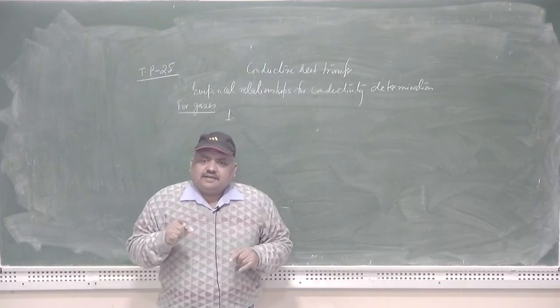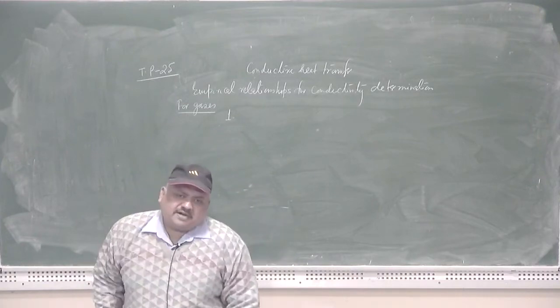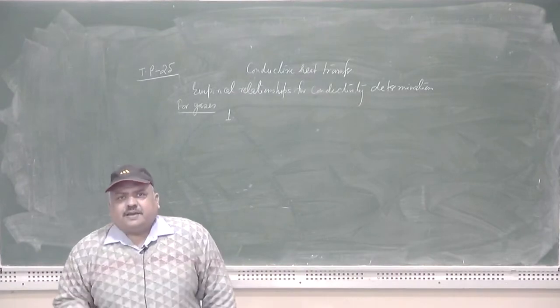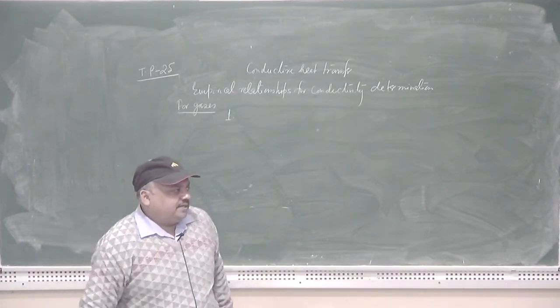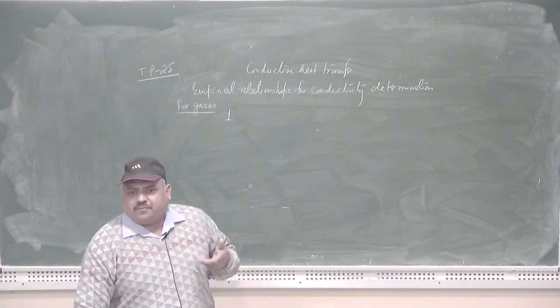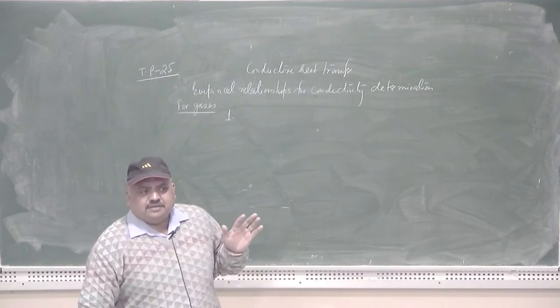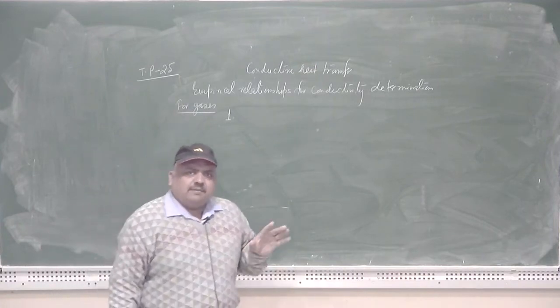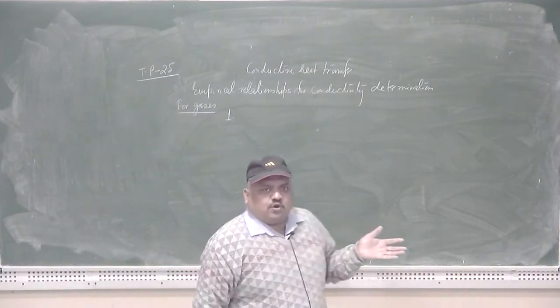Suppose you have to determine the thermal conductivity in the case of gases, then this is applicable for the gas only. If I am saying that this is for the polyatomic gas, that means that equation holds for the determination of the thermal conductivity for the polyatomic gases only, not for the monoatomic gas.